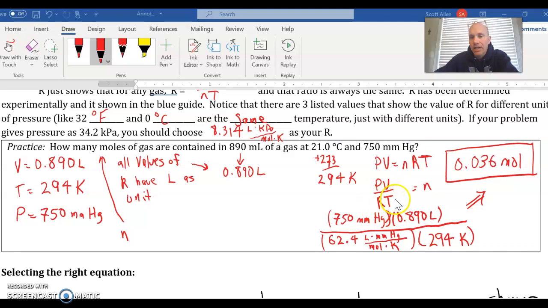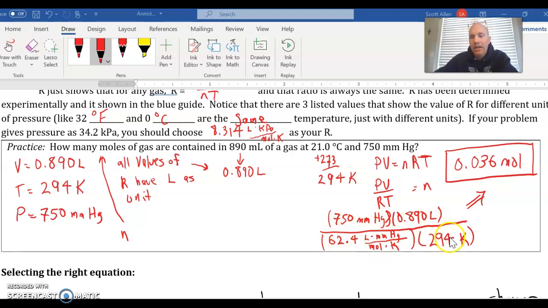When you get to a particular unit, put parentheses around the whole thing. Notice that this is the entire value for R, but I've put every single thing in the denominator. Here's your fraction line right here, and everything is in the bottom.